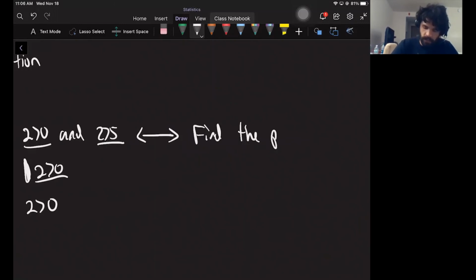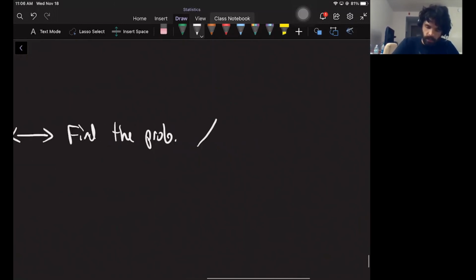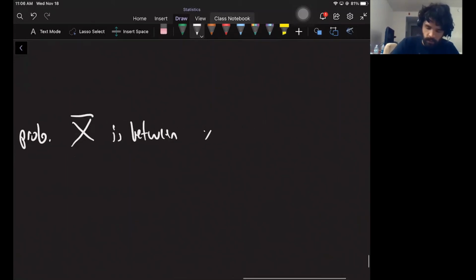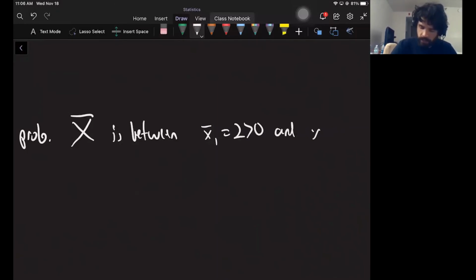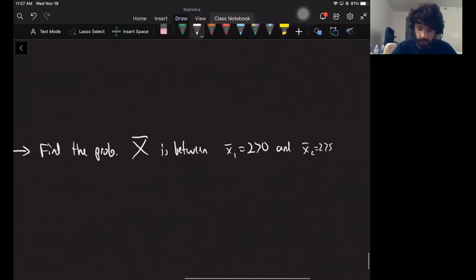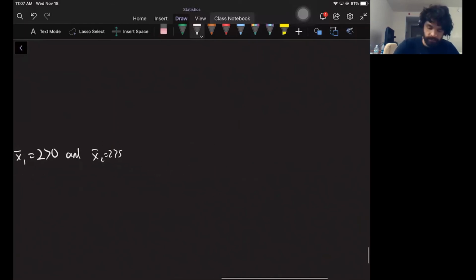This is really translating into talking about capital X with a bar on top, finding the probability that this random variable is between two specific choices of that random variable, which you call little x1 with a bar and little x2 with a bar. And then that translates into finding area.